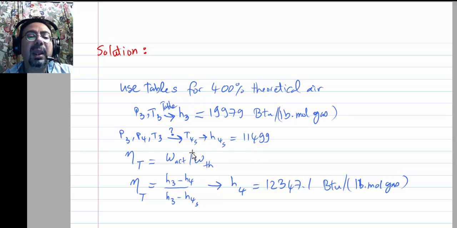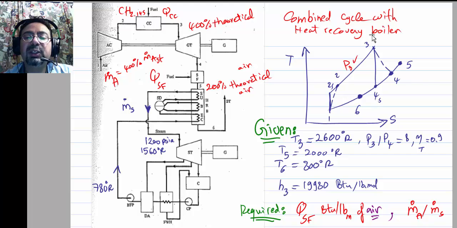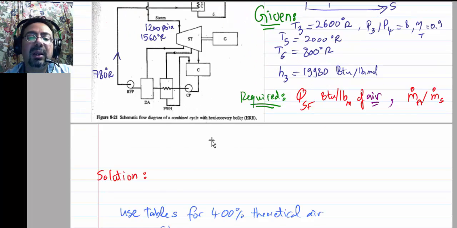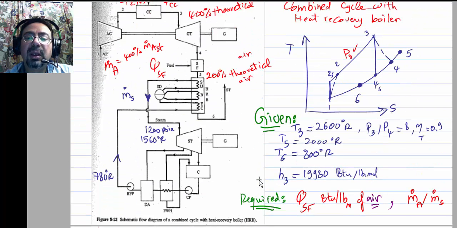Okay, and how do you get 4s? Isentropic. So T4s over T3 is P4 over P3 to the power gamma minus 1 over gamma. And once you get T, you get H from it, right? So all you need is the temperature and the pressure, you get the H, and you're using the table for 400% theoretical air. And then the isentropic efficiency of the turbine will take you from actual work to theoretical work. Actual work, which is H3 minus H4, to theoretical work, which is H3 minus H4s.